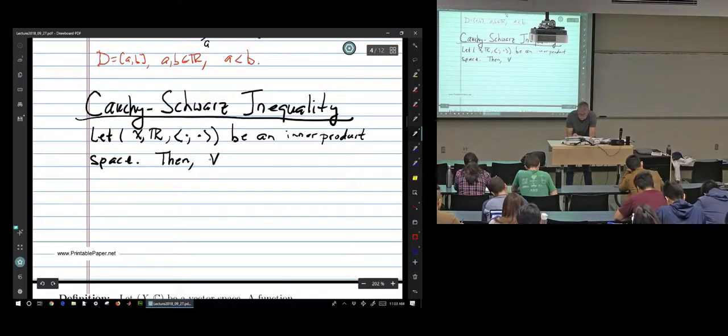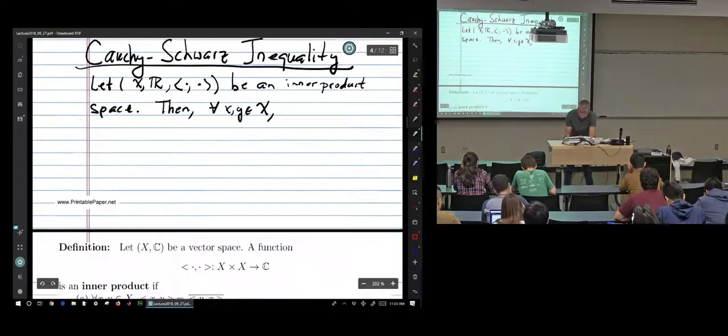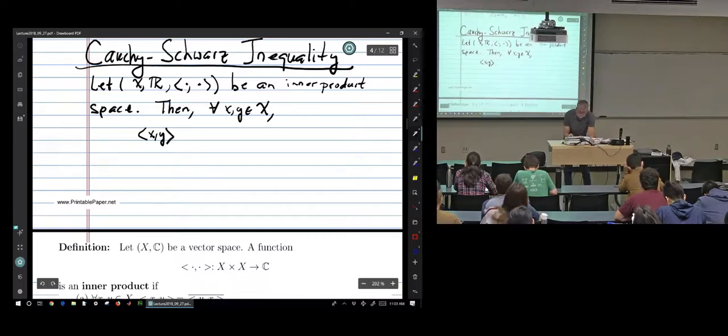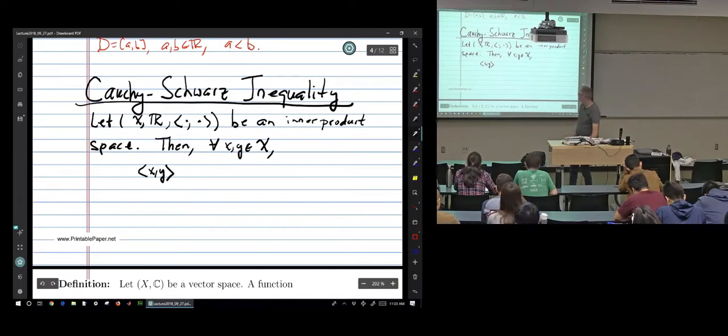Then for every pair of vectors in X, if I take their inner product, that is a real number, so I can take its absolute value.